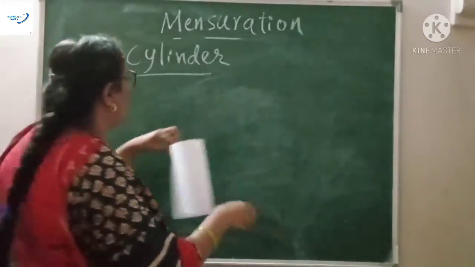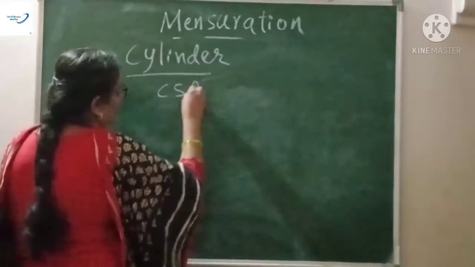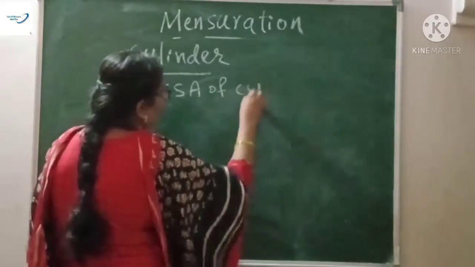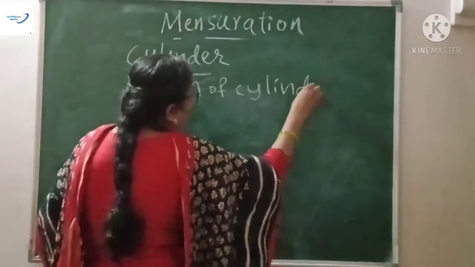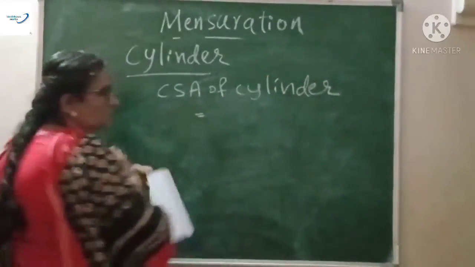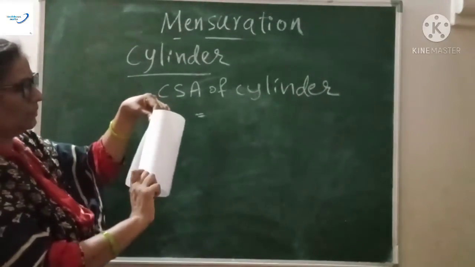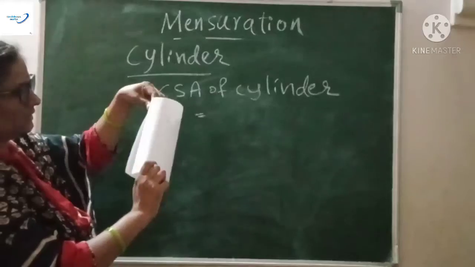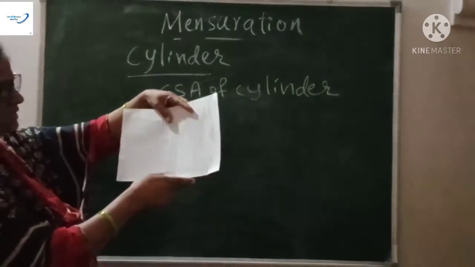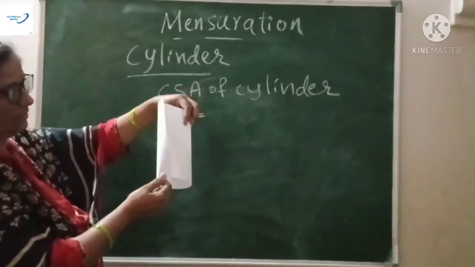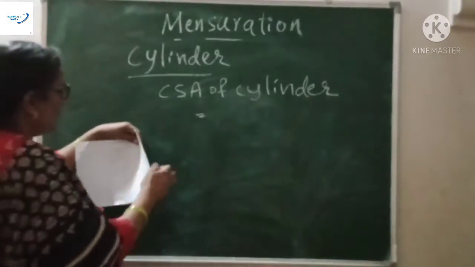That means the curved surface area of the cylinder is equal to this one. When you close it, it becomes the circumference of the circle, and suppose r is the radius.